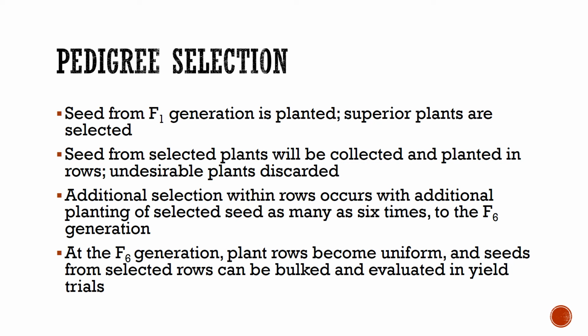and we can do that up to 6 times. So F1 is that first generation, and then F6 is that 6th generation, and at that F6 generation, those plant rows will then become very uniform. They will look almost exactly alike. Those seeds will then be selected within rows and then bulked, and then we'll look at the yield trials within them, and those are done all throughout the world.